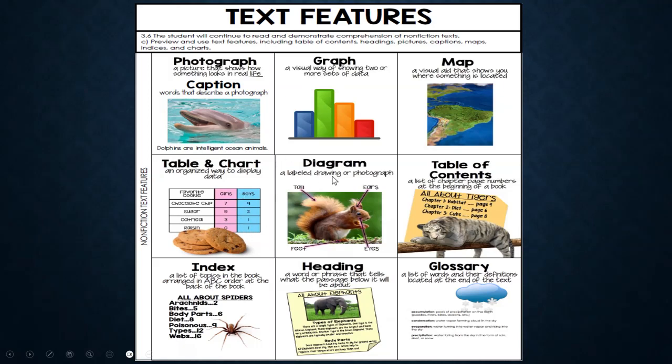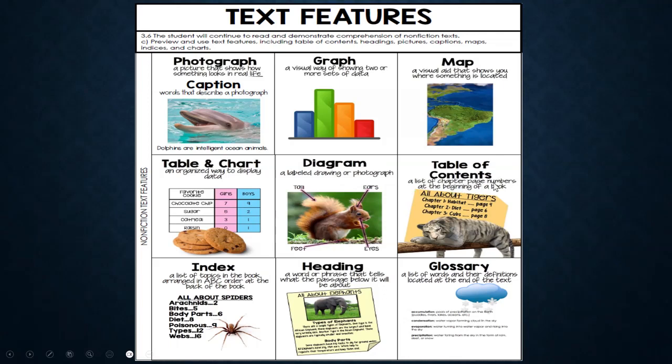Okay. A diagram is a labeled drawing or photograph. You see how this diagram points arrows to the different parts of this squirrel: his tail, his ears, his feet, and his eyes. The table of contents, that's the word I didn't get right earlier. I said glossary, I meant table of contents.